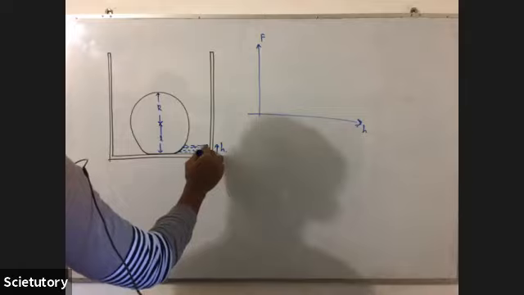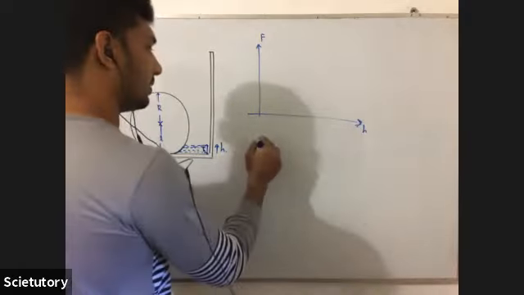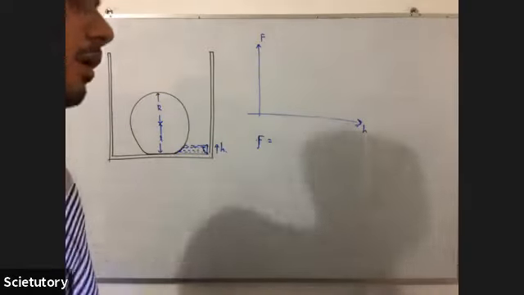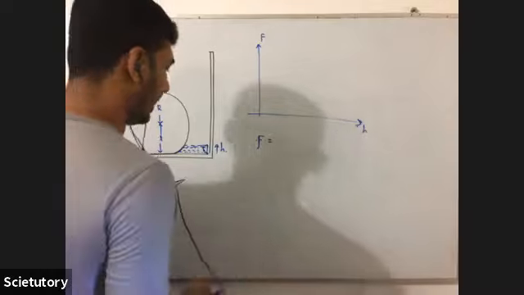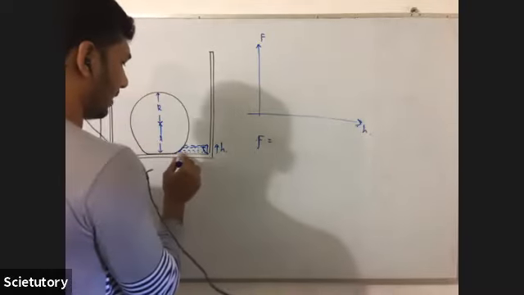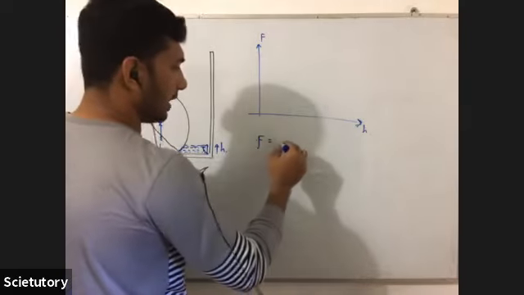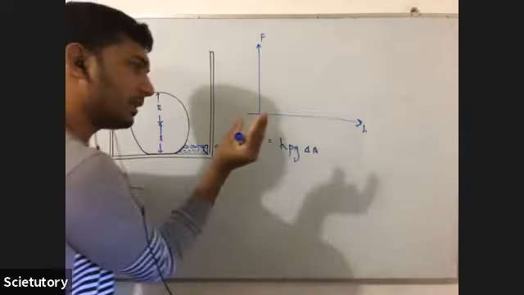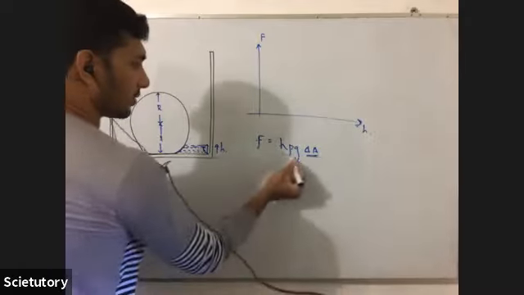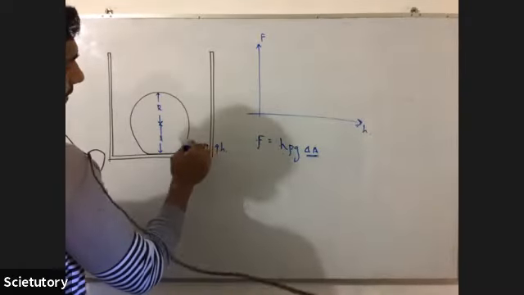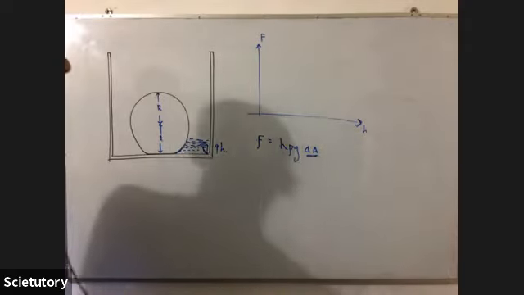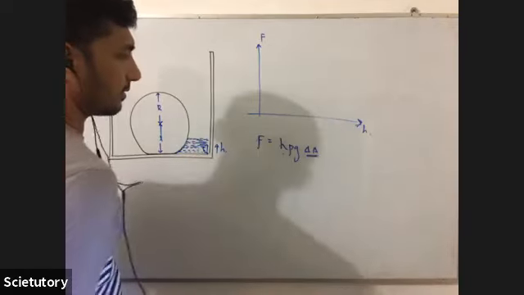So let's consider the bottommost point. If it is H, you can tell that if you consider the force on a small piece of area, delta A, at the bottommost part of this sphere, that's going to be H rho G into delta A. I'm considering that small part of the surface, so that's why it's delta A. So what will happen to this force if you go on increasing the H?